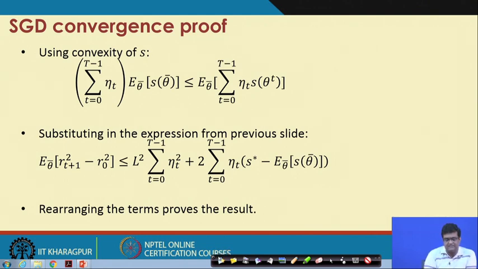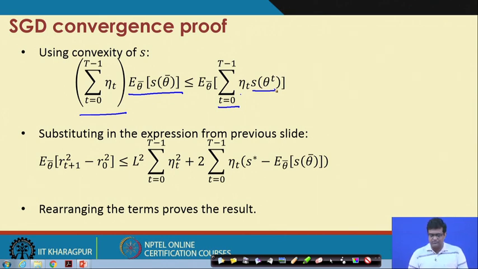We do two things. First, you note that the summation over t equal to 0 to T minus 1 of eta_t times the expected value of S(theta bar) is less than the summation over t equal to 0 to T minus 1 of eta_t times the expected value of S(theta_t).